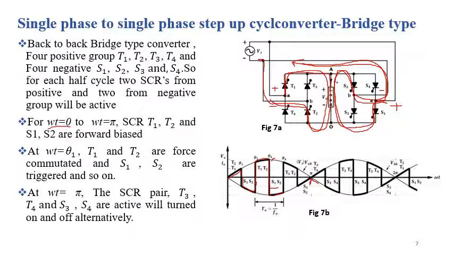So at omega t equal to pi, S1 and S2 are the last conducting SCRs. At omega t equal to pi, these SCRs are line commutated, and we trigger the SCRs T3 and T4.